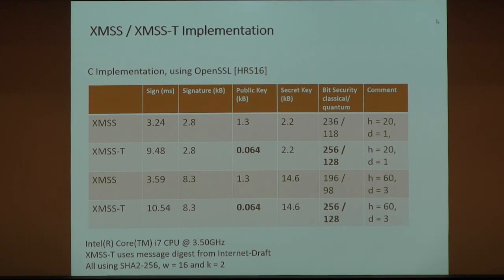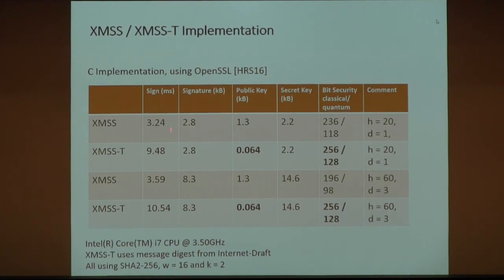The first set is for a total tree height of 20, so you can do 1 million signatures with a key pair, and it's a single tree. And the second parameter set is for a total tree height of 60 with 3 layers. So you've got 3 layers of trees of height 20.